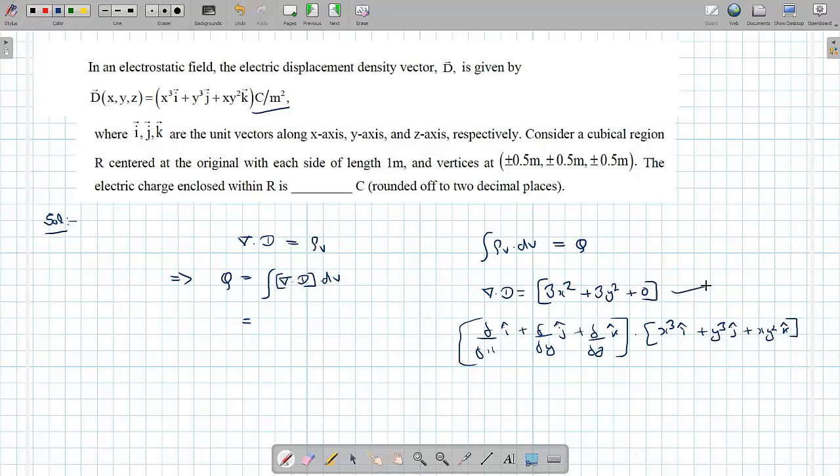So that is going to become 3x square plus 3y square plus 0, a scalar quantity. Substitute this over here. We get Q, which is the integral of 3x square plus 3y square. Now in Cartesian coordinates dV is going to be dx dy dz.